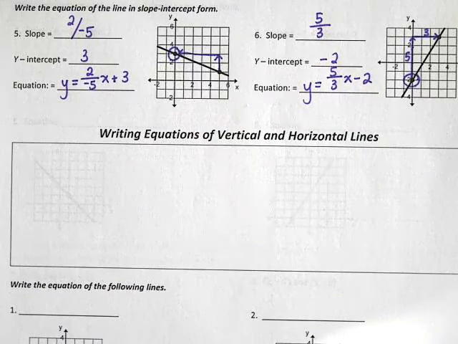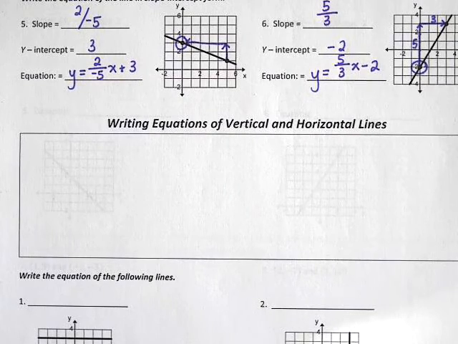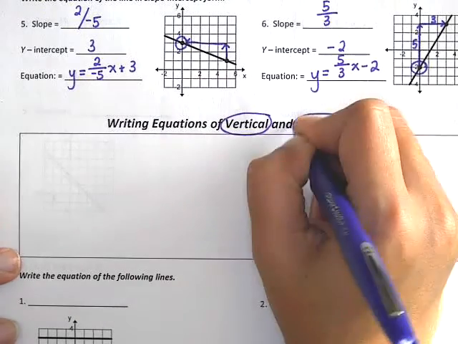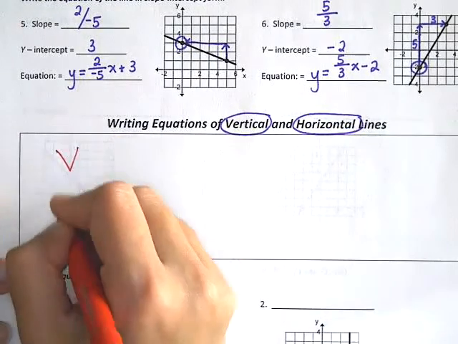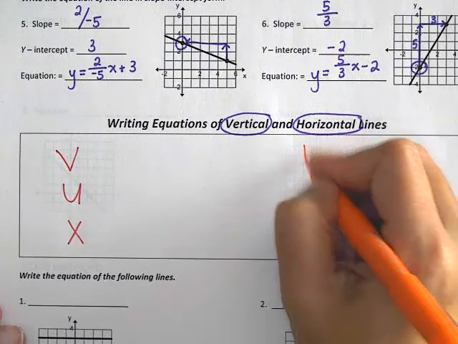Finally, the last thing we need to talk about today is writing equations of vertical and horizontal lines. You may remember before when we talked about vertical and horizontal lines, we had a magic word. We said the magic word was VUXHOY.